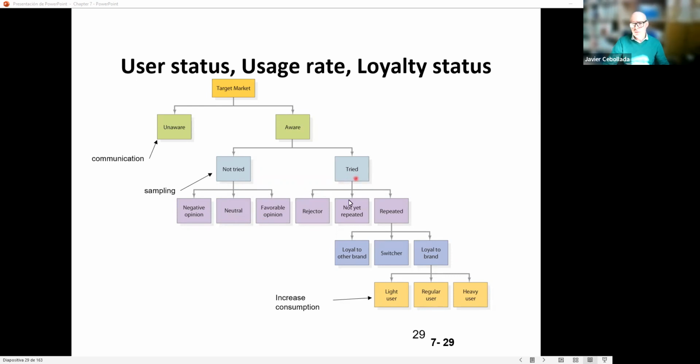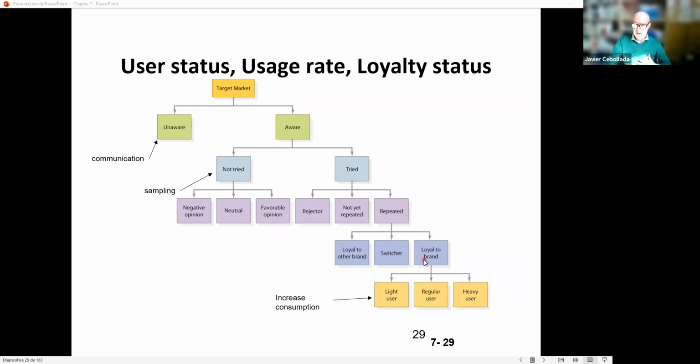And among those who tried, some will be rejectors, in the sense that they will never repeat again. Others have not yet repeated, and others are repeating. Among those repeating, some might be loyal to other brands in the market. Others might be thinking of switching to other brands, and some might be loyal to our brand.